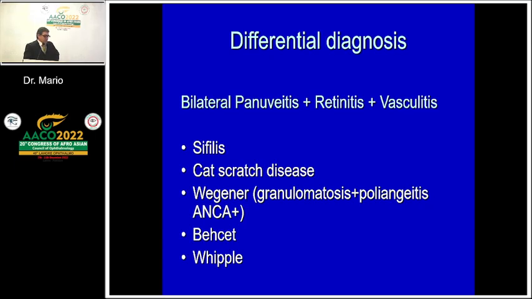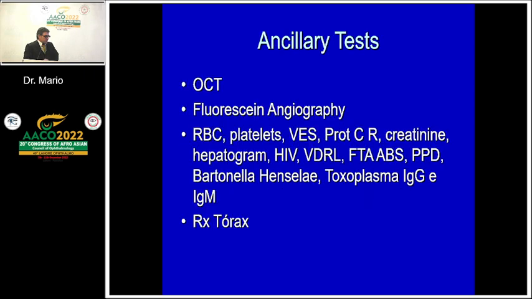Well, Behçet, I'm not going to tell you about Behçet because we learned everything from you in this area of the world. Maybe Whipple, but just because we were looking for something, and it wasn't clear.